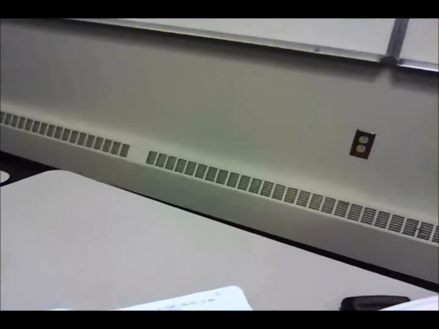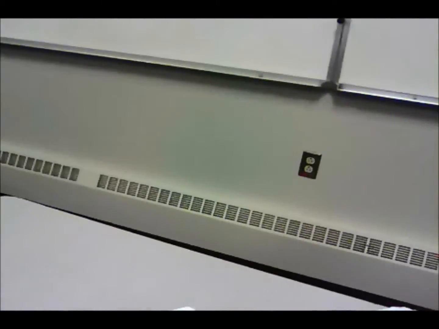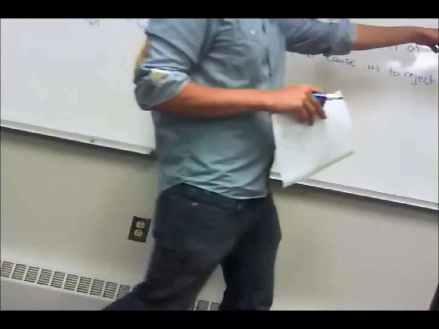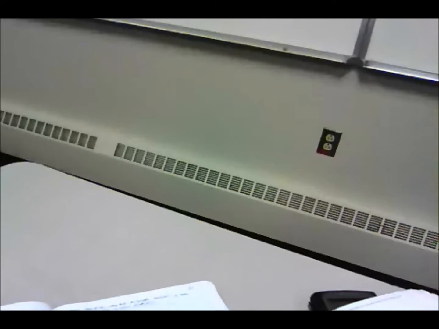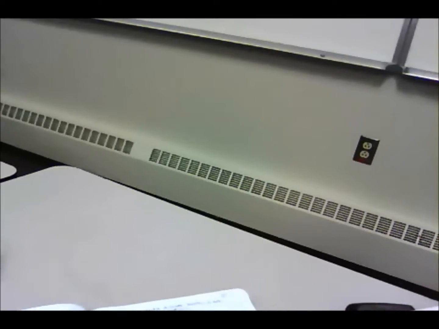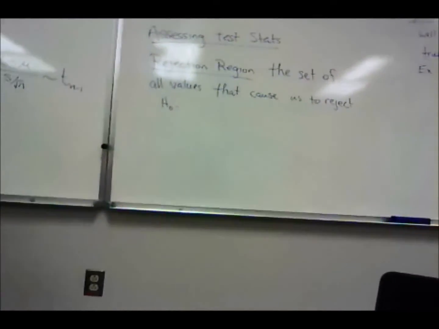So it has to be this alpha, where this is alpha over 2 and this is alpha over 2, for this alpha level, 0.05. So the significance level in this example is 0.05, it's the alpha value, because it's the probability that it falls in this rejection region. The rejection region is where the test statistic would be considered rare.